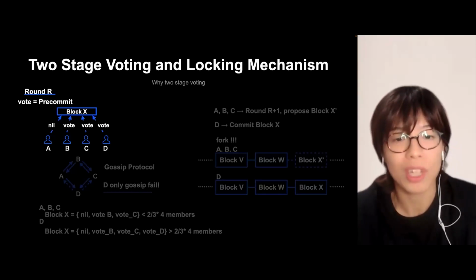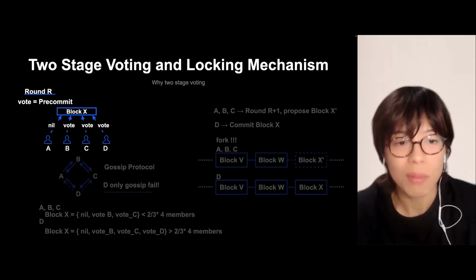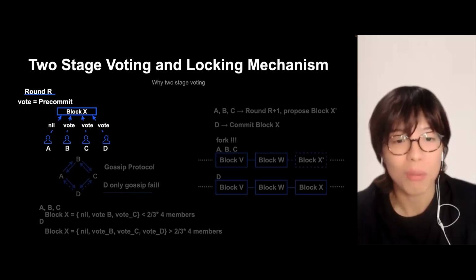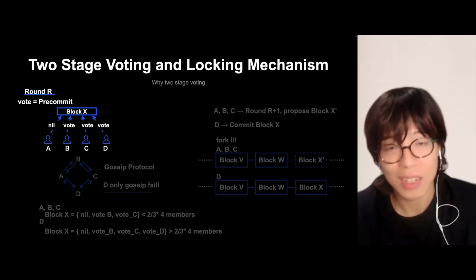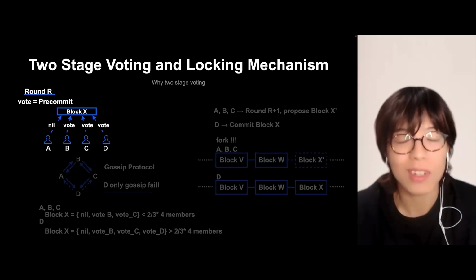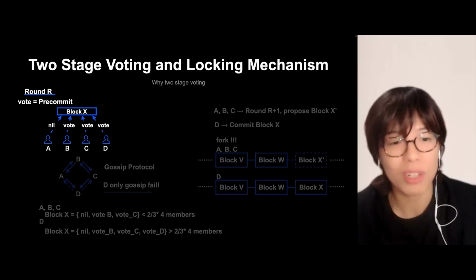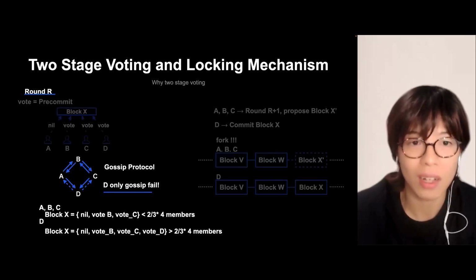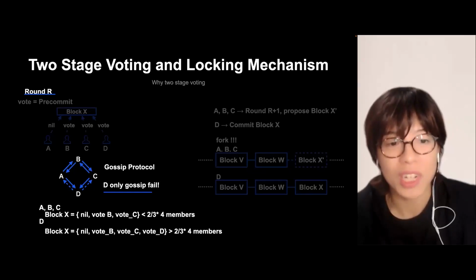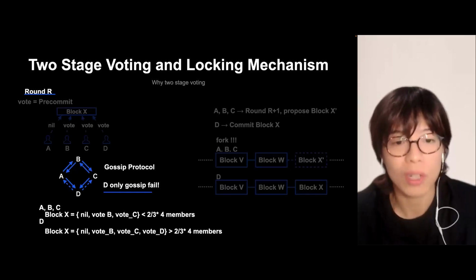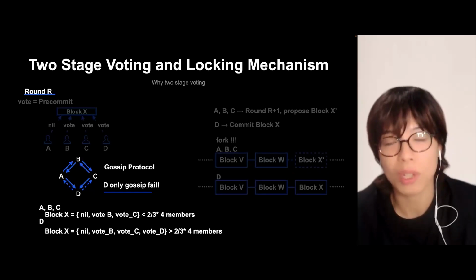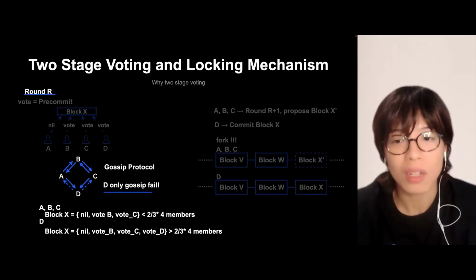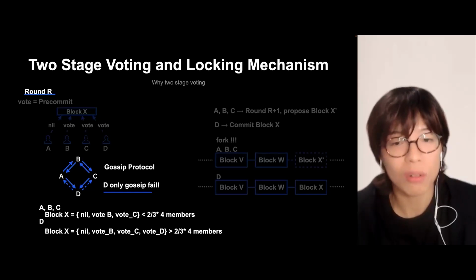Let me give an example of the problem with single-stage voting. Consider a situation where nodes A, B, C, D vote for a block. Nil means a rejection. Suppose A votes to reject and B, C, D vote to approve. Then they share the voting messages by gossip.